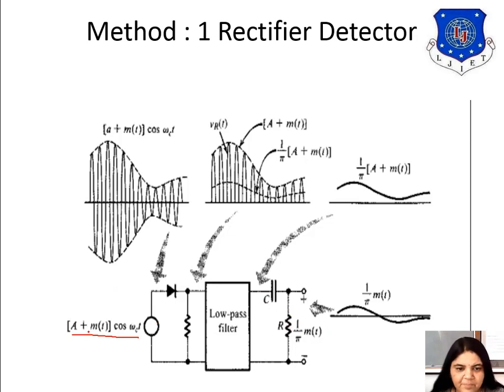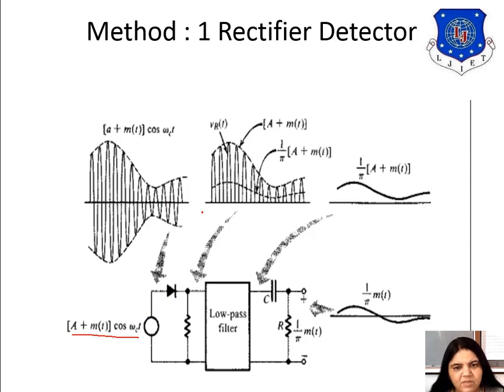Now you can see that this is the amplitude modulated wave, which is the input for this rectifier. This diode will work for the positive half cycle of the modulated wave.